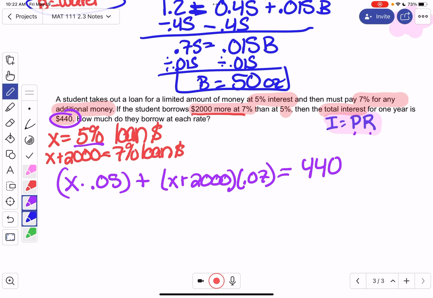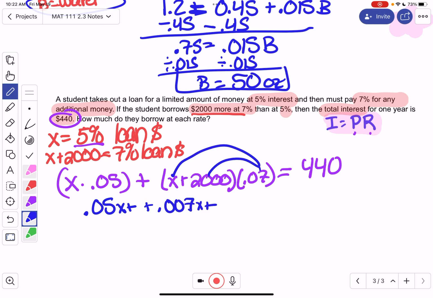X. If I combine 0.05 times X and get 0.05X, if I distribute here, I get 0.07x plus 0.07 times 2,000 is 140 equals 440.